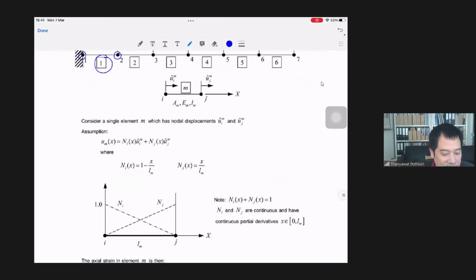In a generalized form, for an element M with a starting node called I and the ending node called J, I would want to approximate u^M from u hat I and u hat J. So I would have two displacement interpolation functions, Ni and Nj.